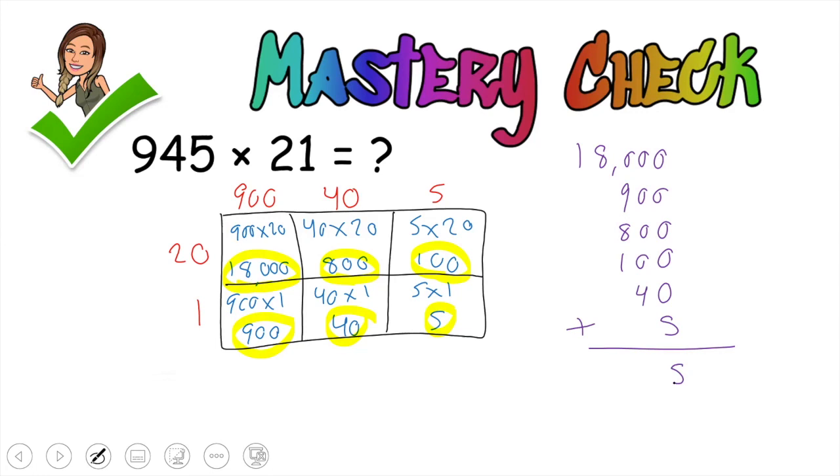We have 0 plus 0 plus 0 plus 0 plus 4, which is 4. We have 0 plus 9 plus 8 plus 1, which is 18. So we're going to have an 8 here. And we carry the 1. Then we have 8 plus 1, which is 9. And the 1 comes all the way down because it's not added to anything. For our final answer to be 19,845.